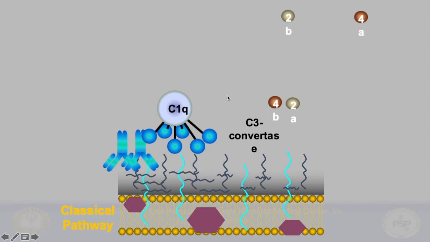Now take note of this: the C2a will form a complex with C4b, forming what we call your C3 convertase. The C3 convertase would now cleave C3 into C3a and C3b.